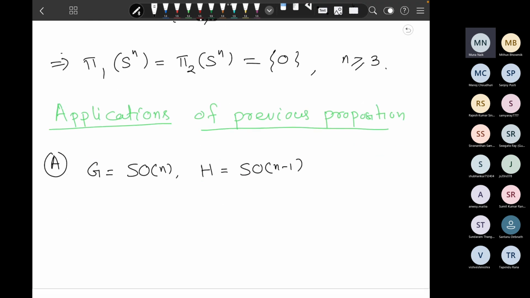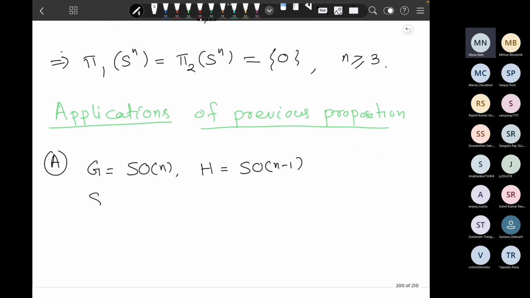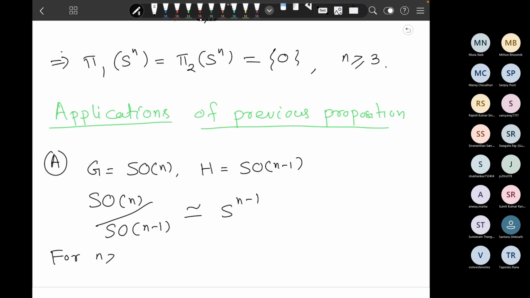We know that SOn mod SOn minus 1 is equal to S n minus 1. For n greater than or equal to 4, n minus 1 will be greater than or equal to 3.